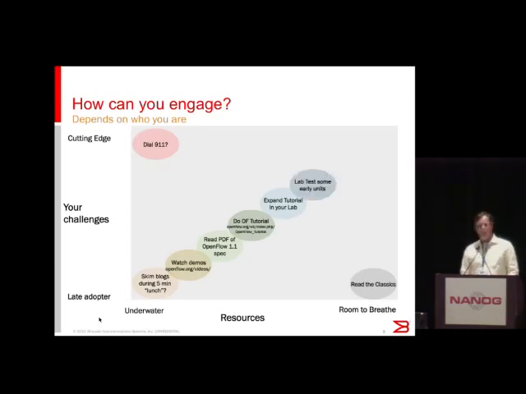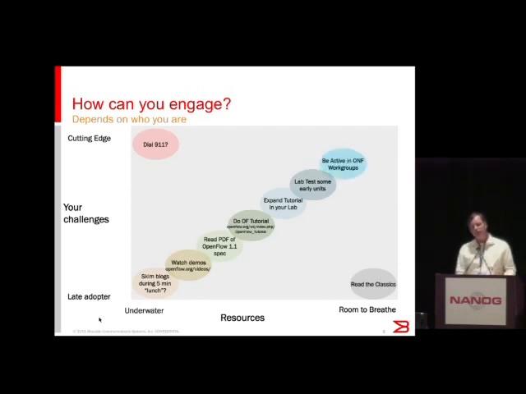Then if you've got more time and more challenges in your environment, you should get that stuff in your lab, get some units and put them through their paces. And as Guido said, there are several vendors that offer stuff for sale today, and I think some other vendors, one I know of in particular, that you can get stuff from for your lab even though it's not technically for sale yet.